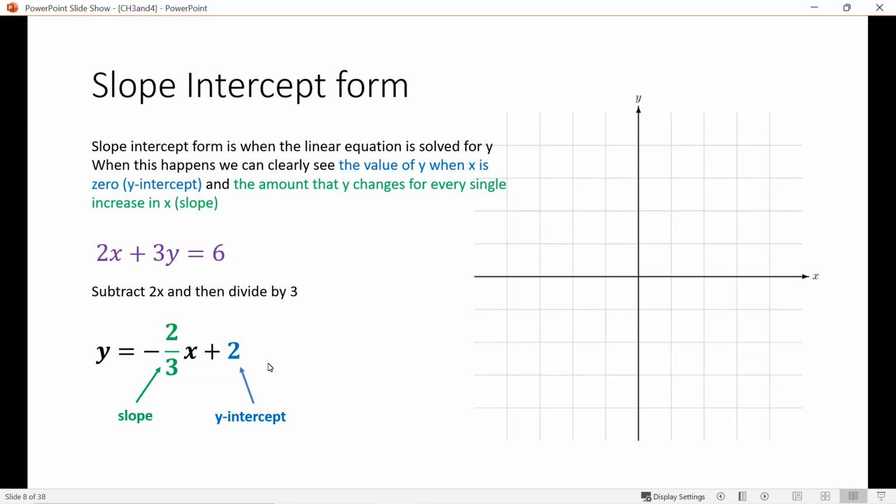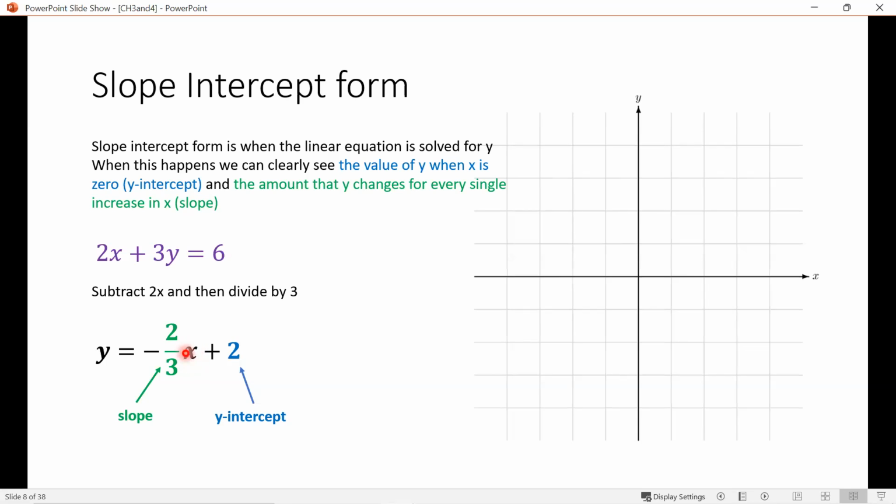Okay. Now the slope is going to tell us how much we increase our y, so how much we change vertically per 1 unit change in horizontal. So the x is our horizontal change.